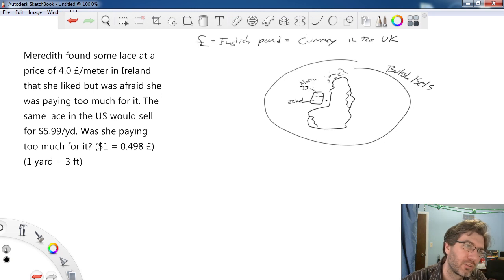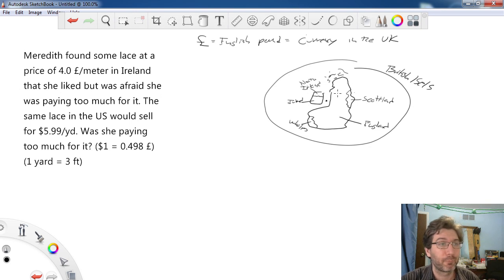My drawing is terrible. This is Wales. Scotland's over here doing something. This is England. This little dot here is the Isle of Man, if you've ever been there, right?